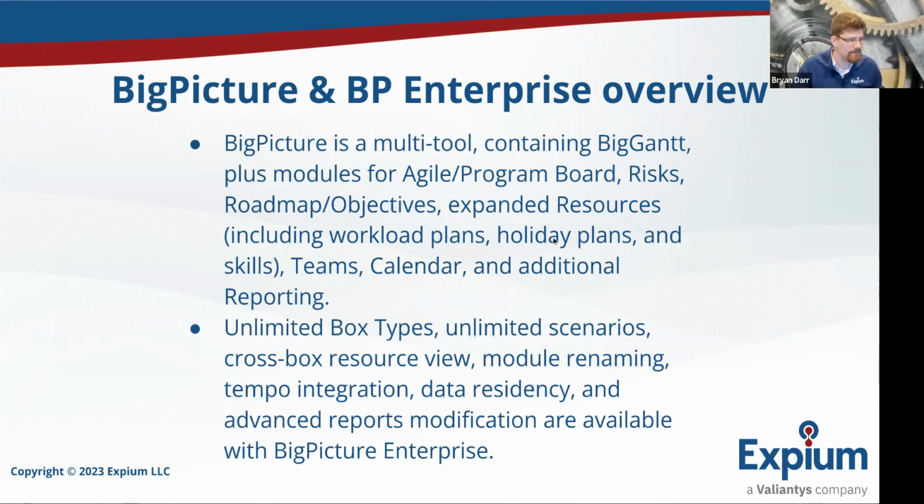These are all available if you use Big Picture Enterprise. So you can do Big Picture and Big Picture Enterprise, kind of like you do Structure and Structured Gantt to get the whole package. It's just a multi-tiered pricing level, and both companies do it. This deploys on cloud and data center, just like the rest of the tools that we're talking about.